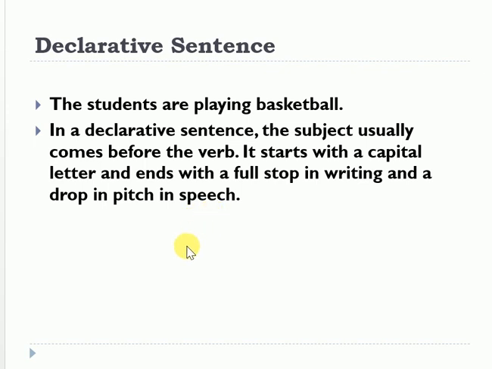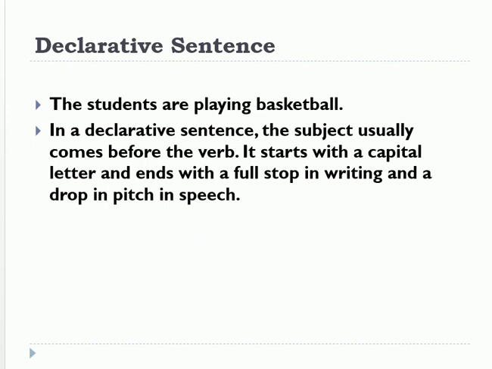The students are playing basketball. There is a drop in the pitch. That means I'm asserting something. If I say, the students are playing basketball? there is no drop in the pitch. Rather, I have a raised voice that indicates this is a question and not a statement.